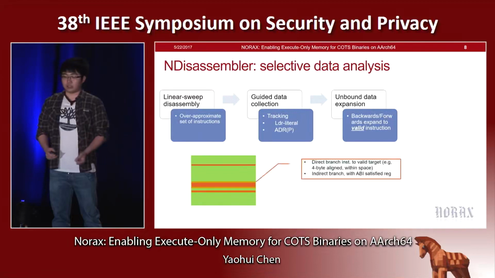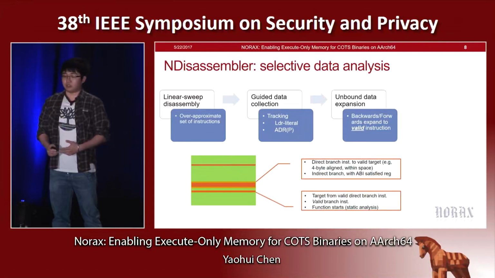By valid instruction, I mean that during the backward expansion, we stop at either a direct branching instruction with valid targets or indirect branching instructions, for which we check the used register's property. During the forward expansion, we stop at either the targets of a valid direct branching instruction, a valid branching instruction, or a set of function starts that we obtain using static analysis. After this step, a superset of the executable data is collected.